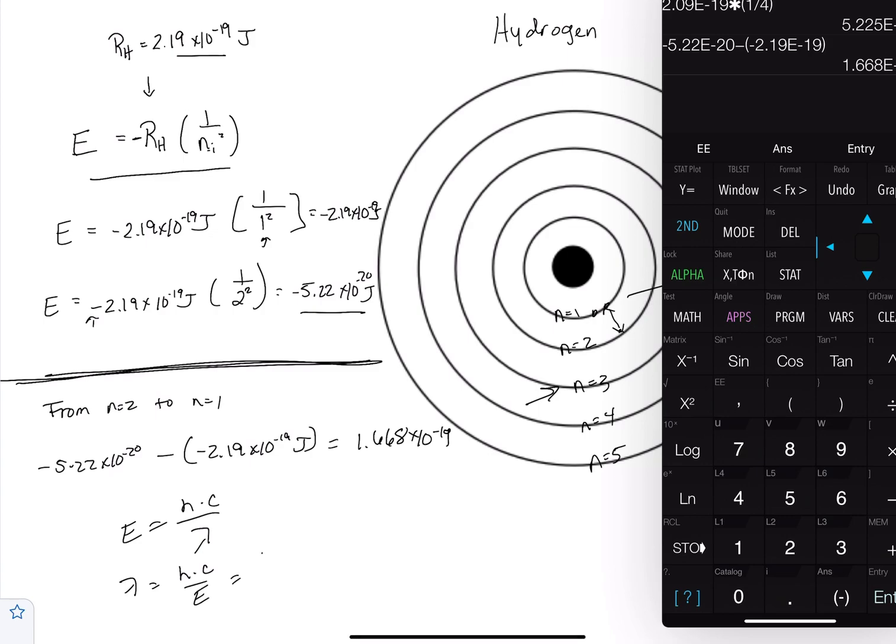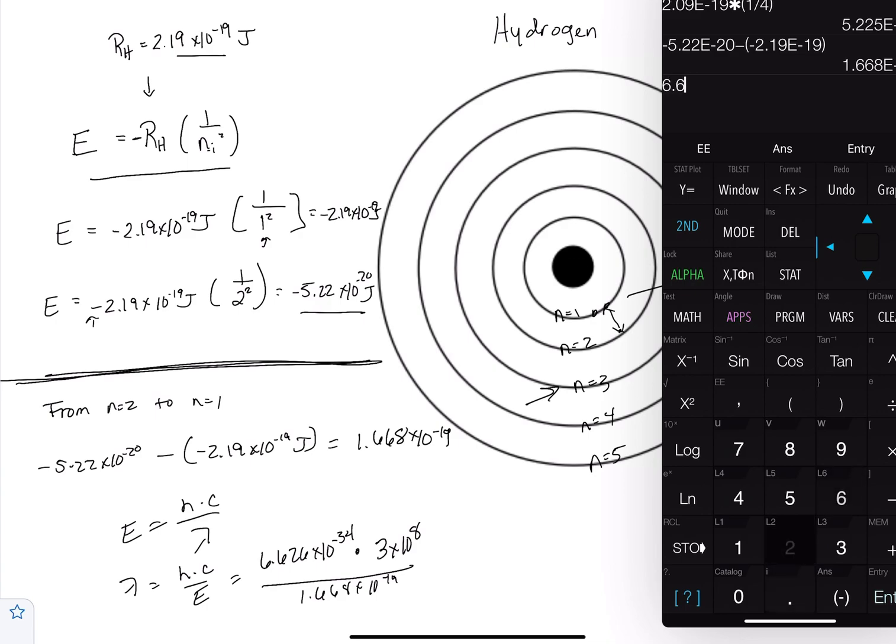So now I can say 6.626 times 10 to the negative 34th times 3 times 10 to the 8th, divided by 1.668 times 10 to the negative 19th. If that matches with one of the lines that we see in the spectrum, then it's a great proof, especially if it works every time for all of the different distances.